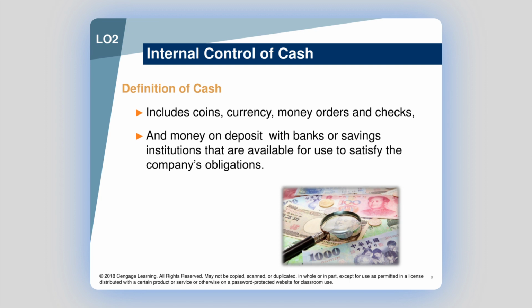It also includes your money on deposit with banks or any other savings institutions that are available to use to satisfy obligations. So these are our samples. Meaning to say, on the part of banks, which we'll discuss later, it's a liability. But again, as you notice, cash includes your coins, currency, money orders, and checks, so our check is included there.